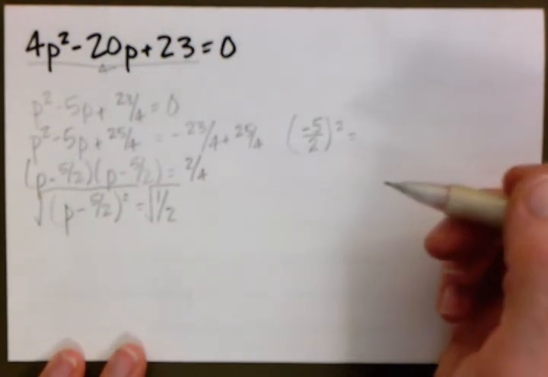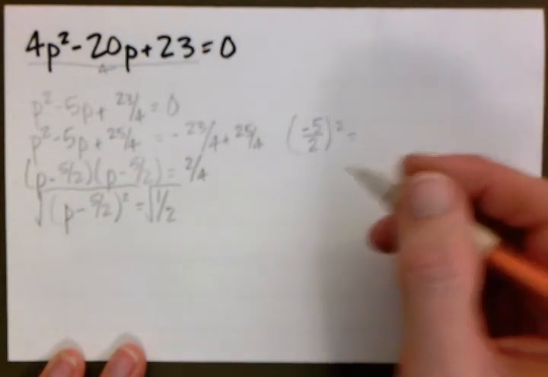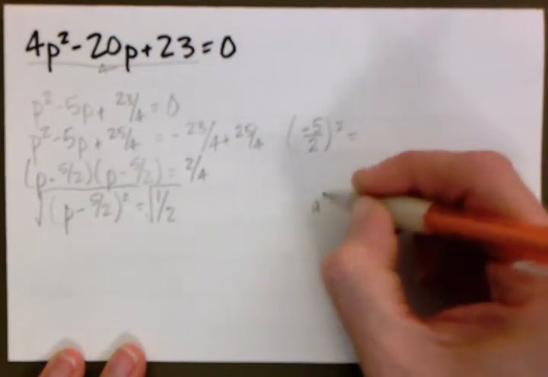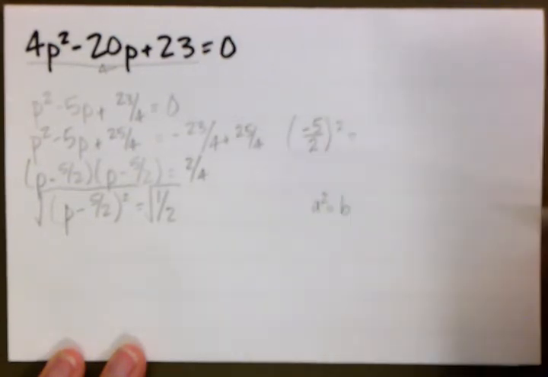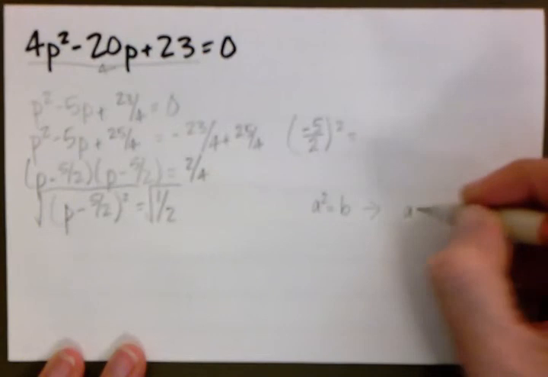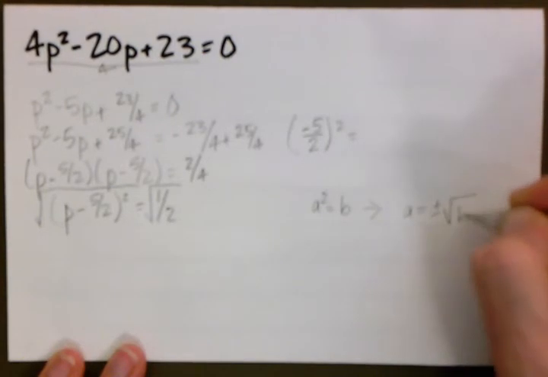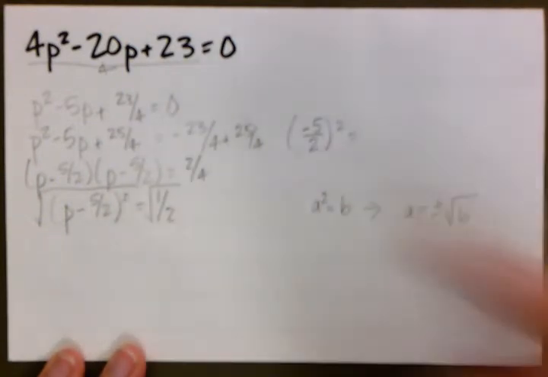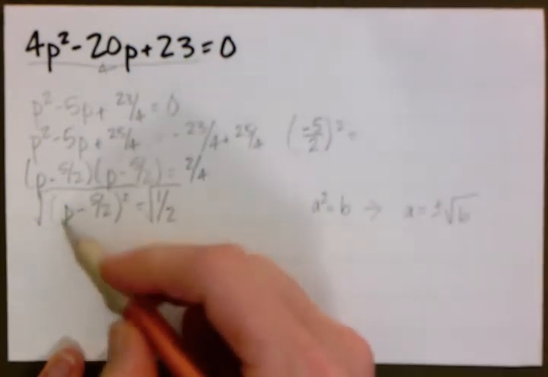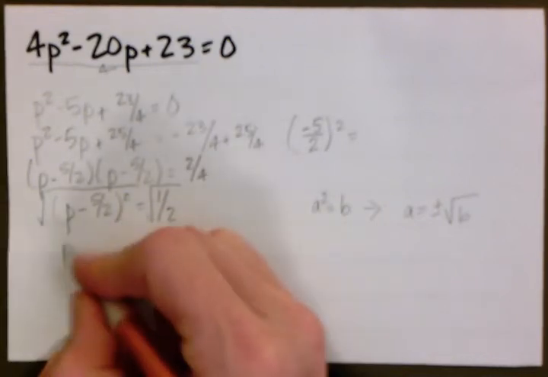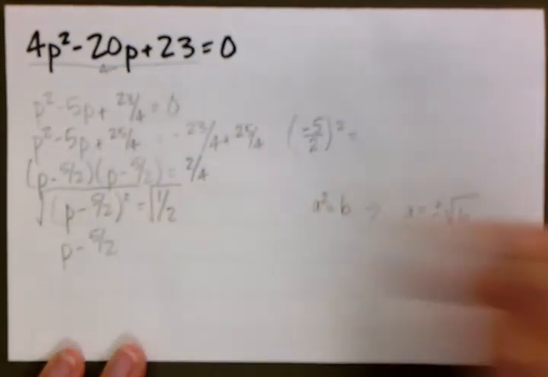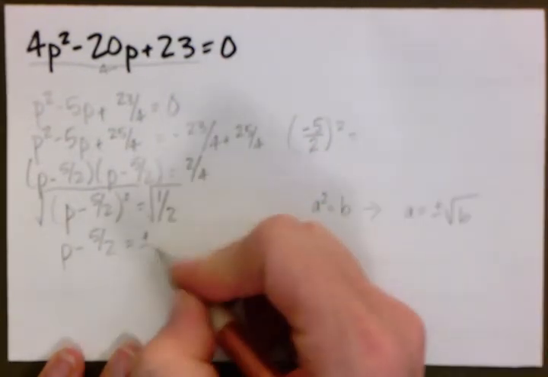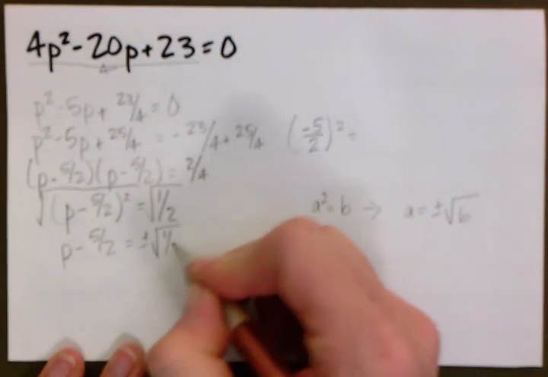Now remember that we have something called the square root property, and the square root property tells us that if we have a squared equals b, then a is going to equal plus or minus the square root of b. So we're going to remember that when we solve this. The square root of p minus 5 halves squared is just p minus 5 halves. And then of course we have plus or minus the square root of 1/2.